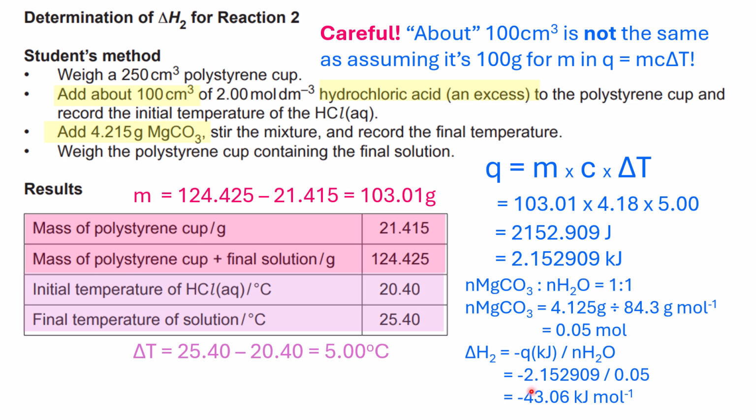Now I said minus Q. That's because it's a temperature rise, not a temperature drop. So you stick the minus in because energy is being lost. So this is going to end up with a negative number for your delta H value because it's obviously an exothermic reaction. Another one to be careful of is the minus won't actually fall out of your calculator, so you've got to insert that somewhere to remind yourself.